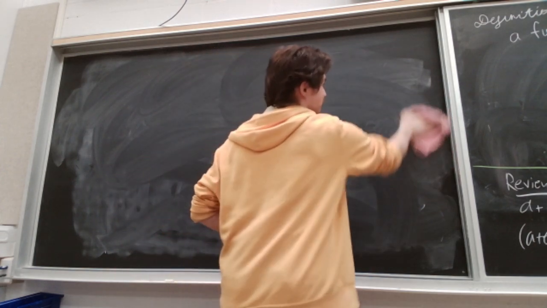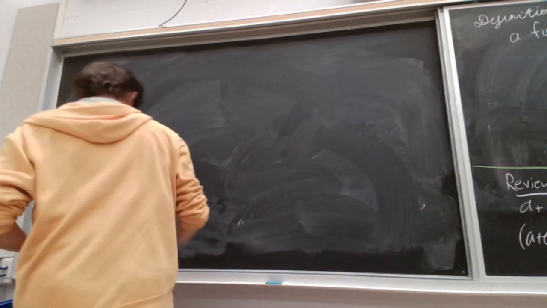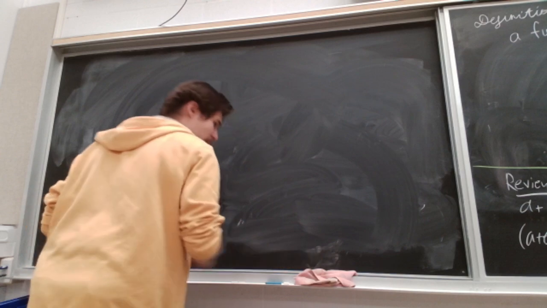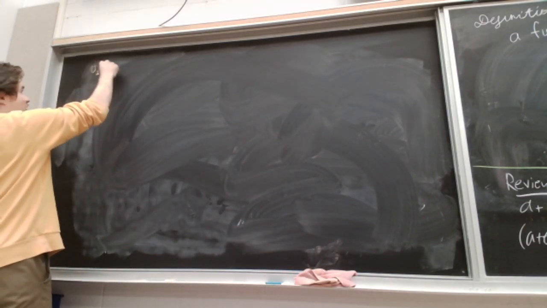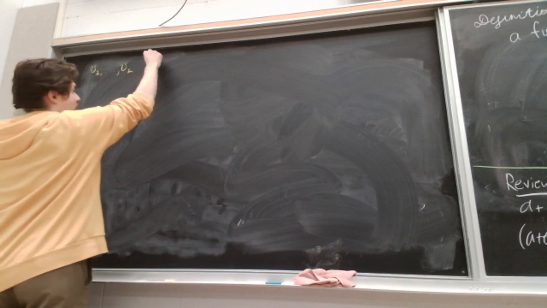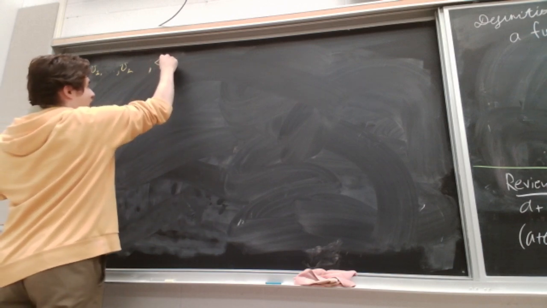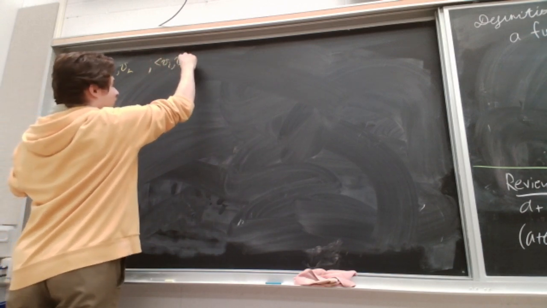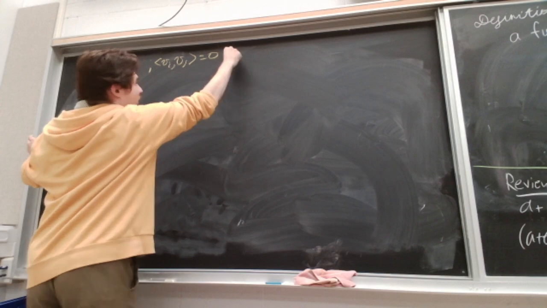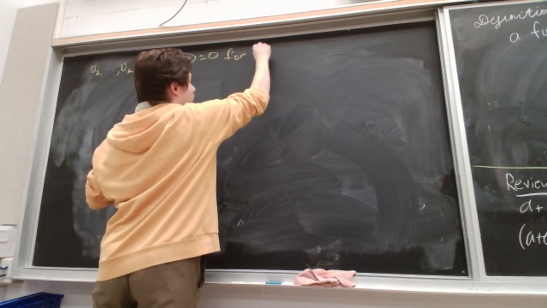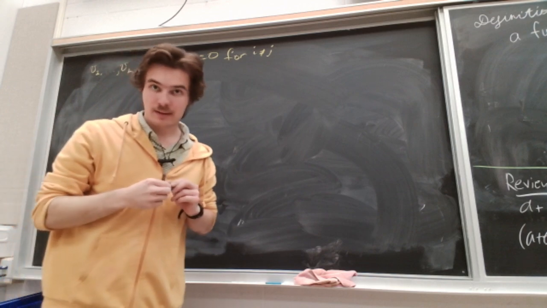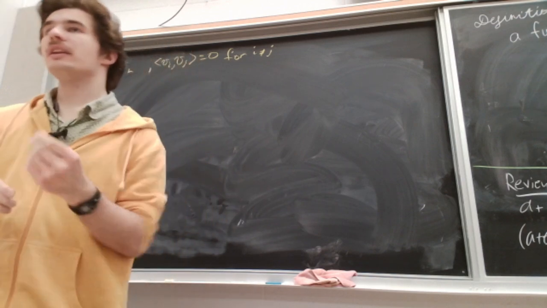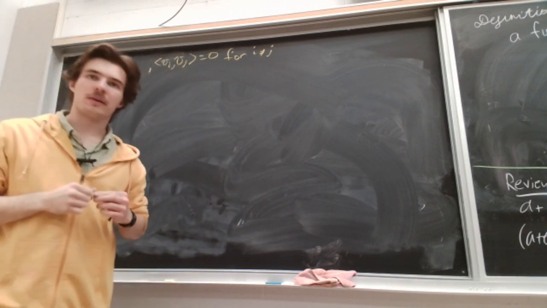Okay, so let's prove that statement that we wrote earlier. The statement was: you have some vectors v1 up to vn, and vi inner product vj is equal to 0 for i not equal to j. And we want to show that this implies linear independence. How did we define linear independence last time?